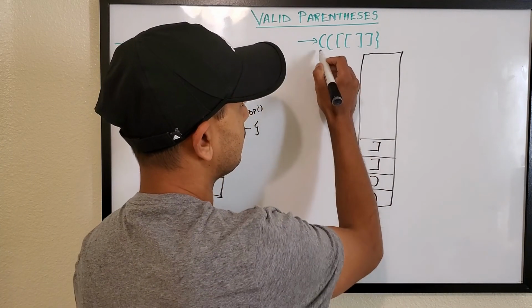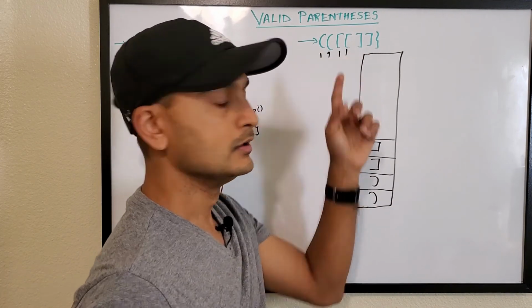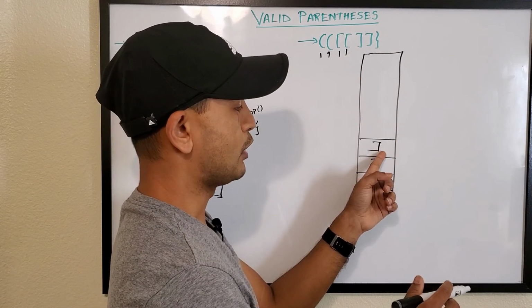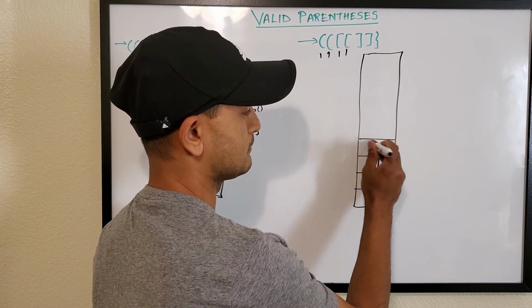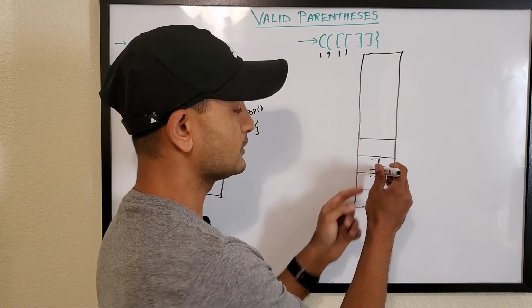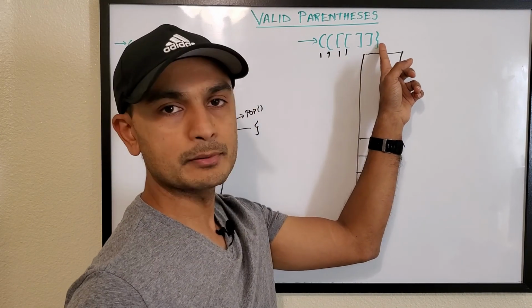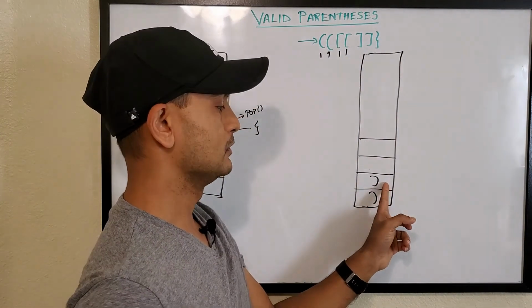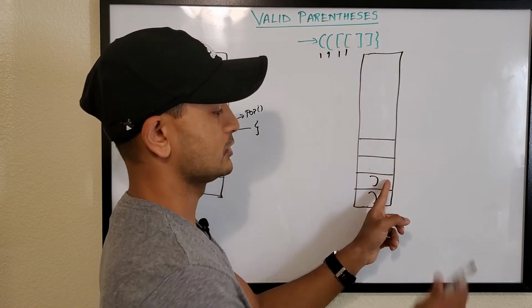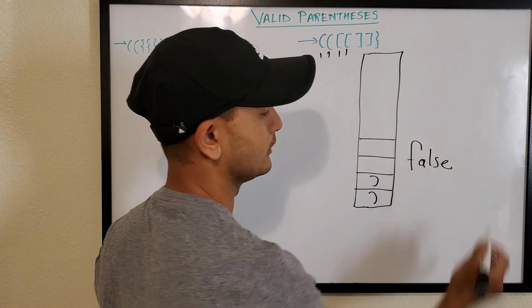When we are here, we have processed these 4 characters. Now we hit a closing square bracket, so we pop from the stack and compare. It matches. Again, the second closing square bracket, so we pop from the stack and it matches. Now we hit a closing curly brace, so we try to pop, but when we pop, we find a closing bracket which does not match. So we say the string is not valid, it's invalid.